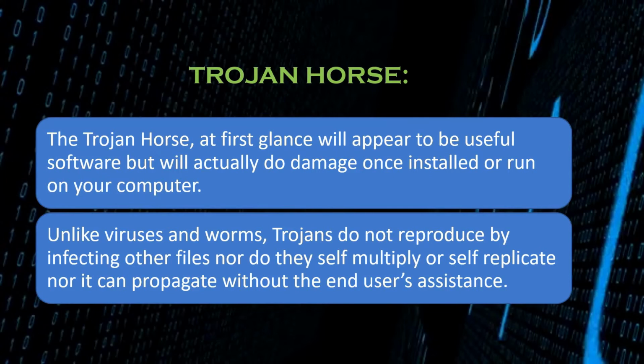The Trojan horse can do many things, but once it is downloaded on your computer, without your attention it can propagate itself, and it's a complete package of viruses and worms. It can trigger them to run on your system.